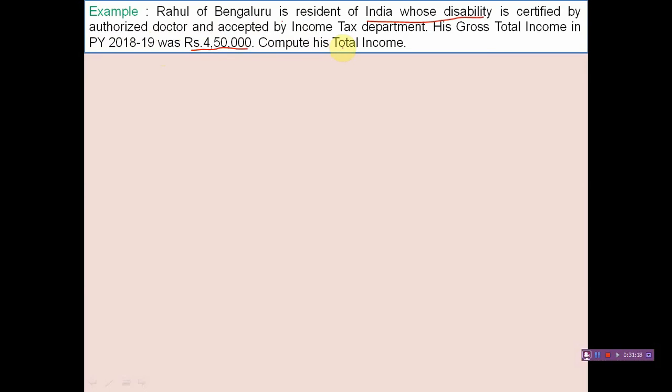So here Rahul is a disabled person and his gross total income is rupees 4,50,000. As he is a disabled person, and the disability is certified by an authorized doctor, he can claim deduction under section 80U. Here the extent of the deduction is not mentioned.